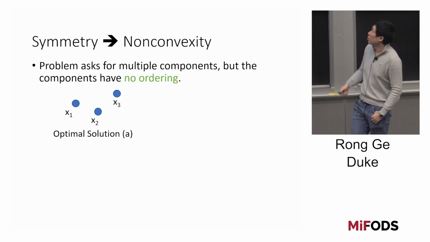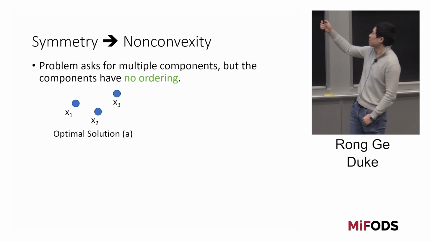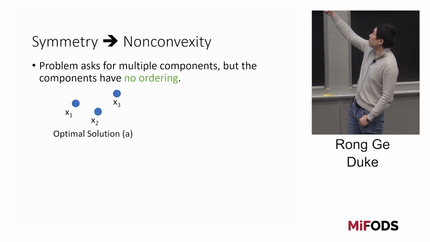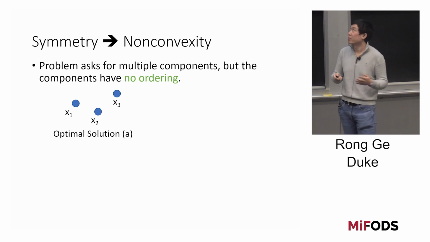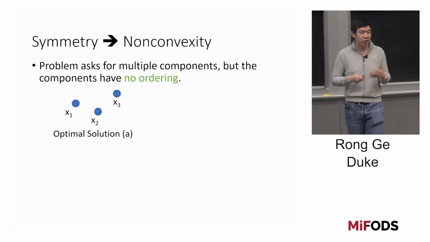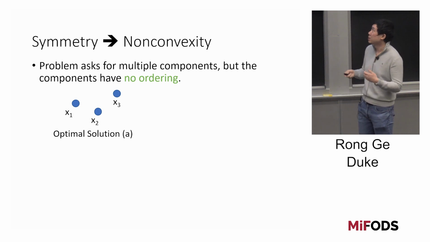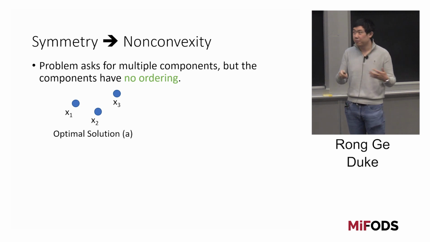Well, here's a simple example. Let's still think about clustering. Suppose this optimal solution A here is an optimal solution for some clustering problem. So x1, x2, and x3 are three vectors for the centers of the clusters, and my objective function is going to be some function f on x1, x2, and x3.